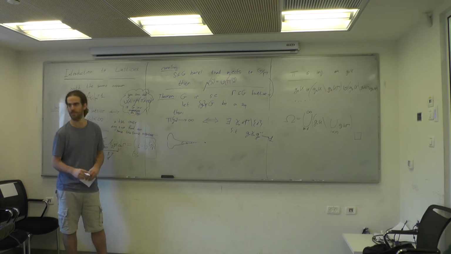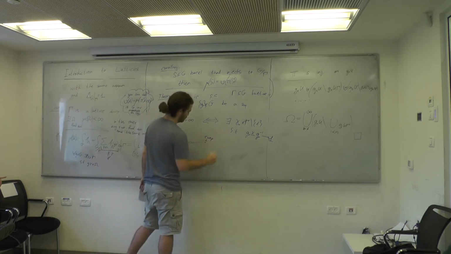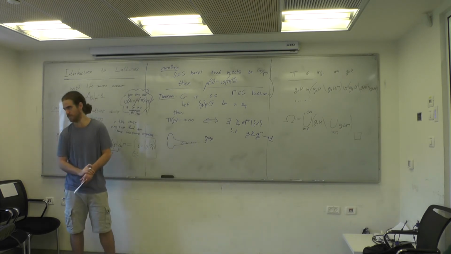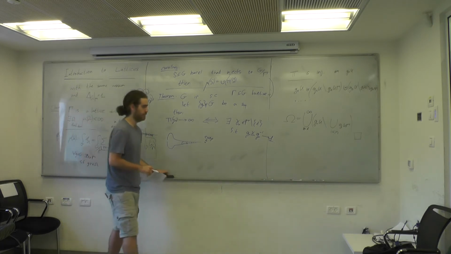Just to mention, such a thing is called a cusp. I prefer not to give a formal definition of a cusp, but you think of this if and only if criterion for non-uniformity of a lattice as an algebraic formulation of what a cusp means. And I'll give an example which might relate to it.